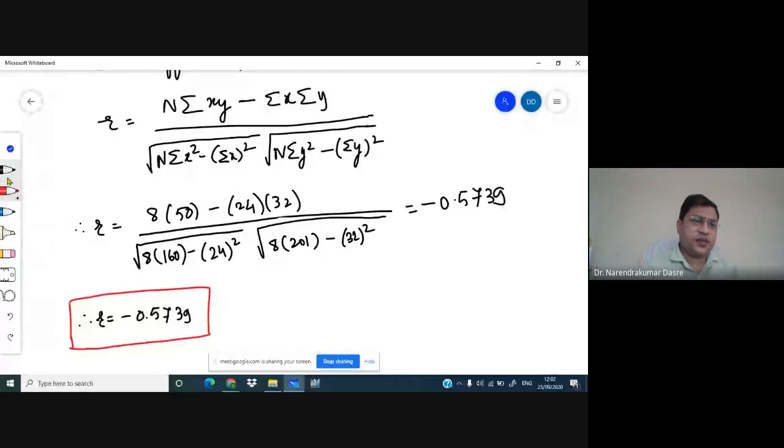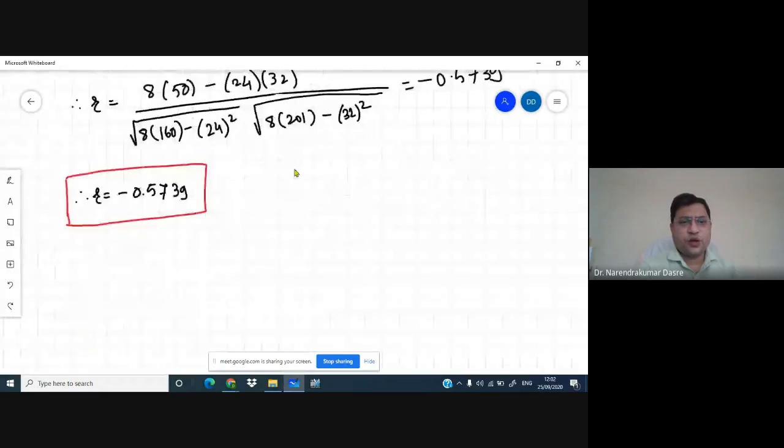One thing you might have observed is that all the values of r are between minus 1 and 1. This value will never go less than minus 1 and never go more than 1. That's what we have.